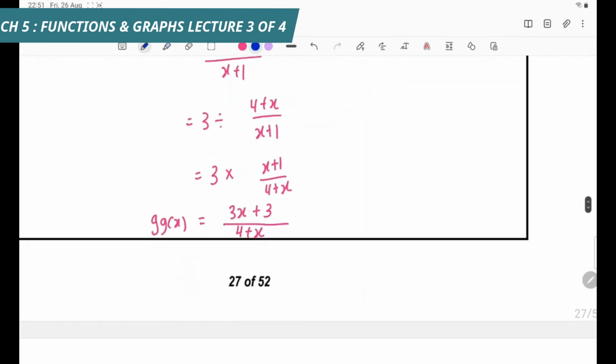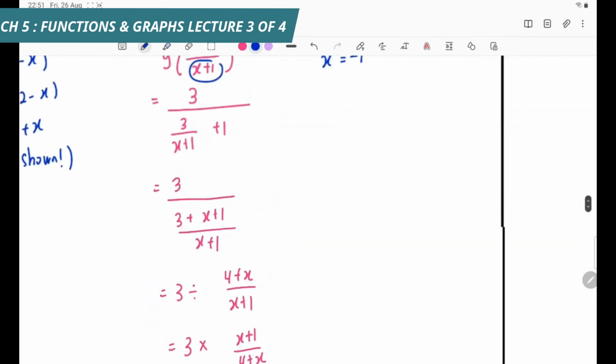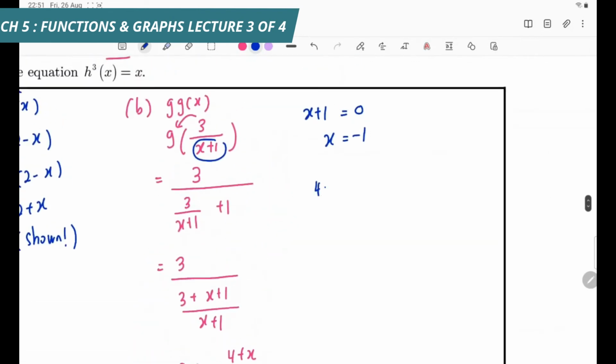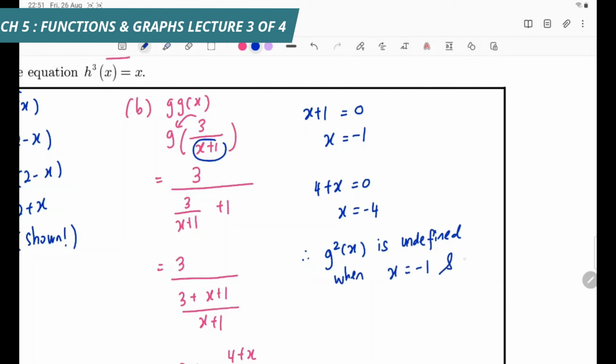The other value is when 4 plus x is equal to 0, so when x equal to -4, our function is going to be undefined. Thus, the conclusion is that g squared of x, or g(g(x)), is undefined when the denominator equals 0, which is when x equal to -1 and when x equal to -4.